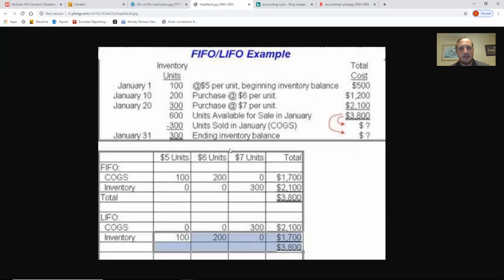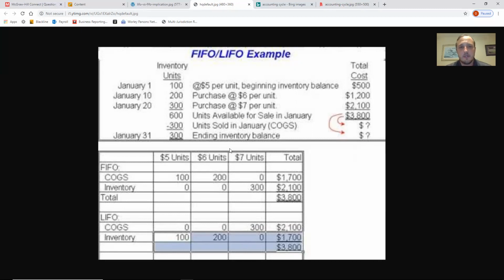The question that we have as an accountant is, if when he opened up those packs of hot dogs, he spent a different amount on each package, as he's dishing those hot dogs out, is he grabbing from the top of the bin where the most recent package is, or is he grabbing from the bottom of the bin where the oldest hot dog is? Now, hopefully he's mixing those up throughout. So when we get to accounting, we really have no way of knowing exactly which hot dog he sold, so we have to come up with an assumption, an estimate.